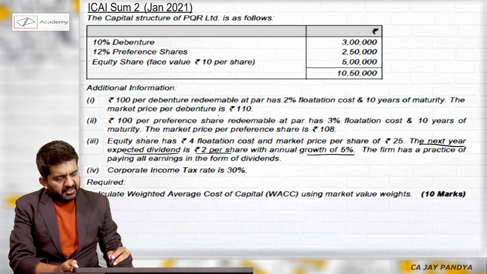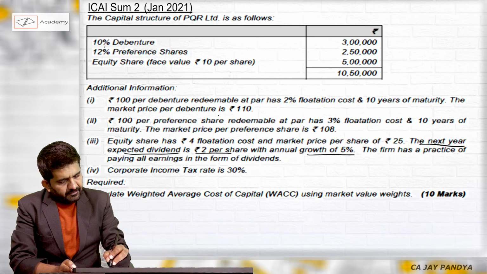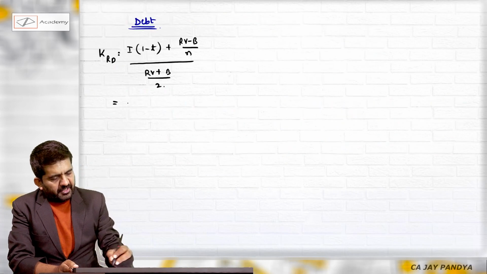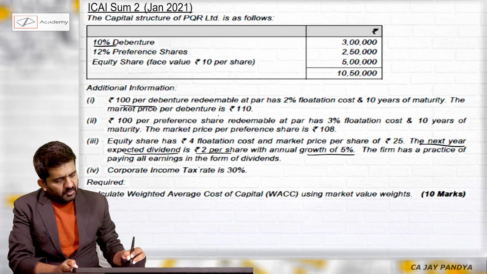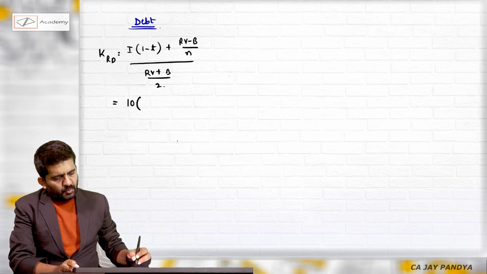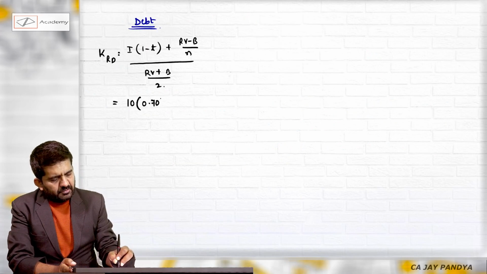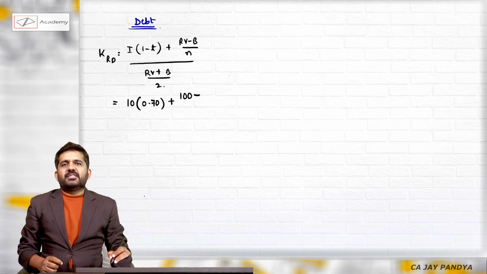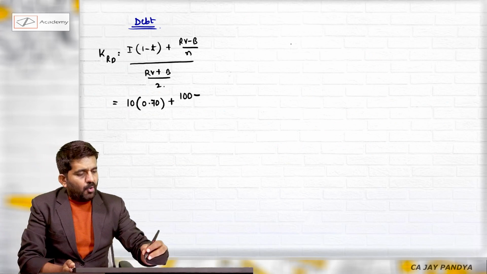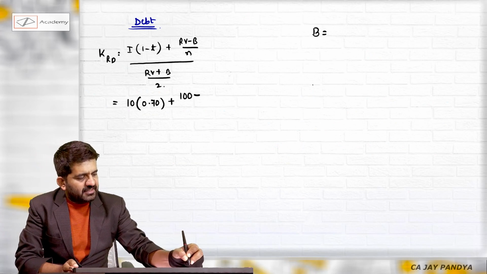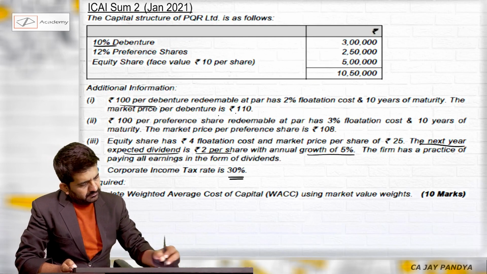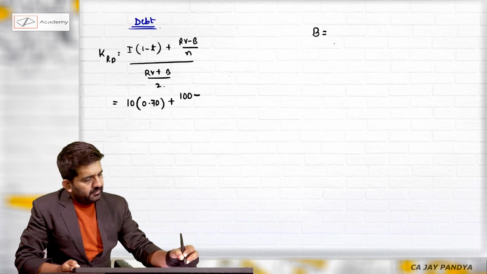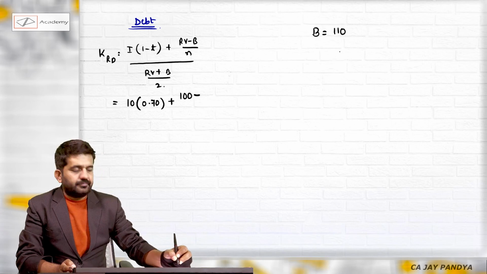What is interest in case of debentures? They are 10% debentures of rupees 100 each, so 10 rupees. What is tax rate? 30%. So 1 minus T will be 0.70. Plus they are redeemable at par minus what is borrowing as far as debt is concerned. 110?